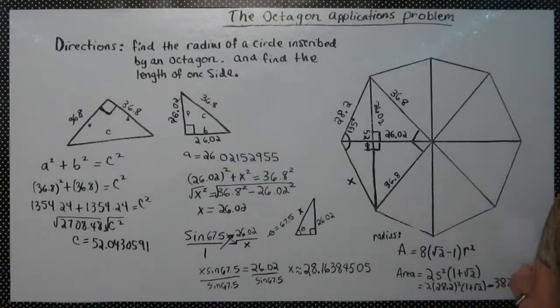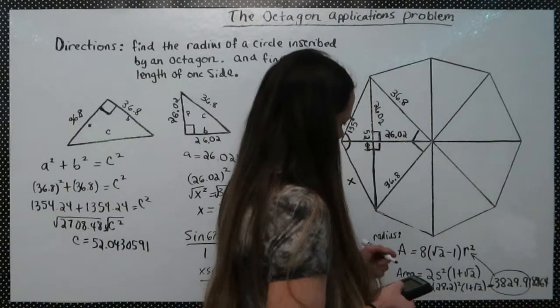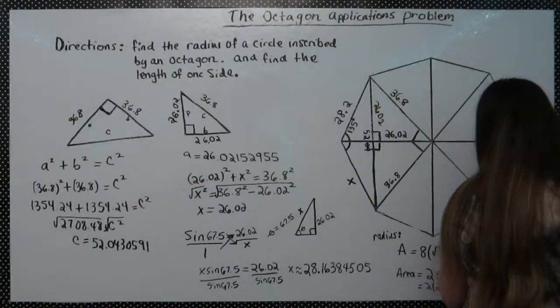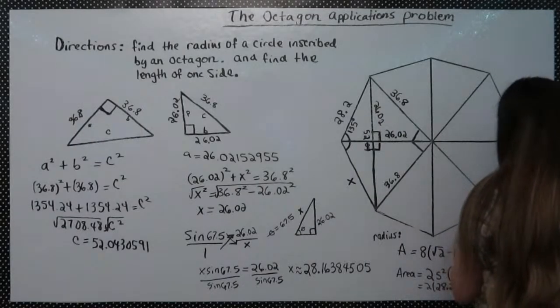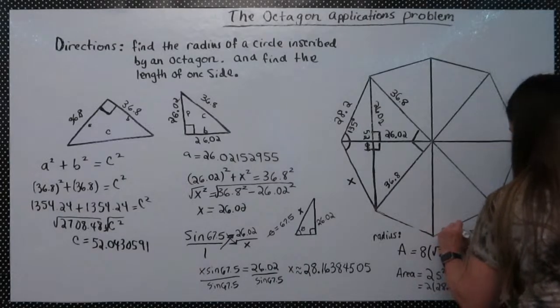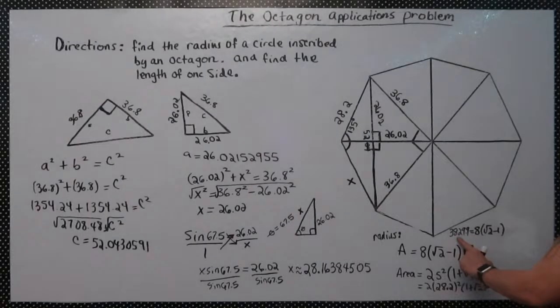And then we're going to take that value and plug it in to calculate that radius. It's going to be 8 times the square root of 2 minus 1. So that's going to be 3829.9. So the area equals this times r squared.